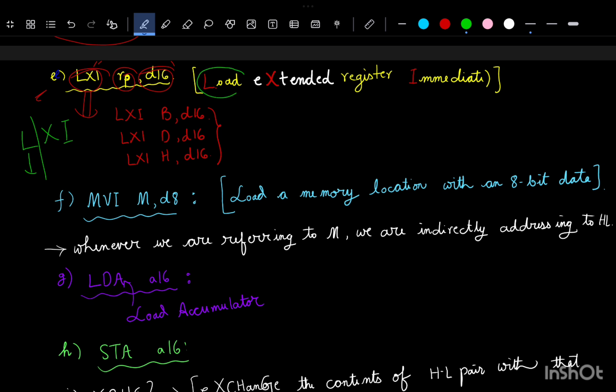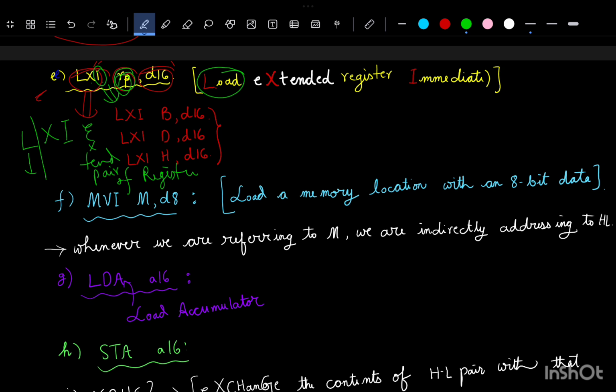It's written here also. It's Load. And this X means extended. Right? Extended pair. Extended pair of what? Extended pair of registers. And I means immediate data. Right? Load, extended pair, immediate data. And this RP means register pair. Right?